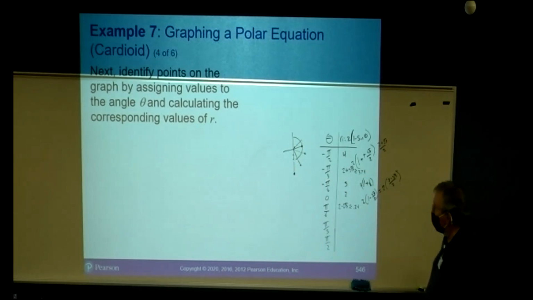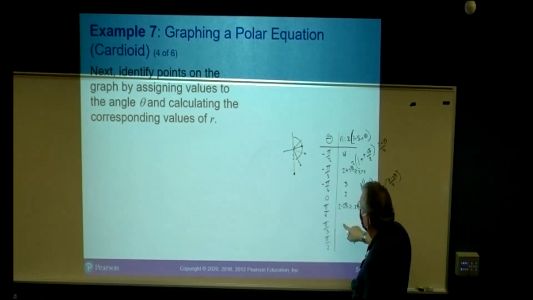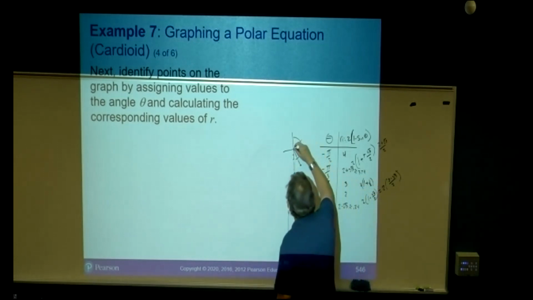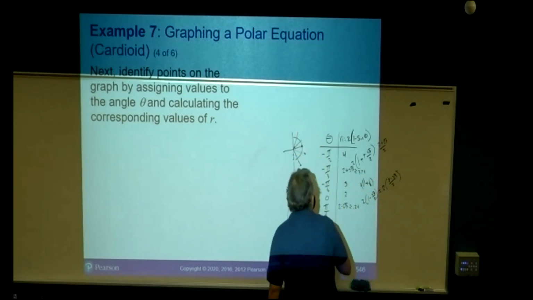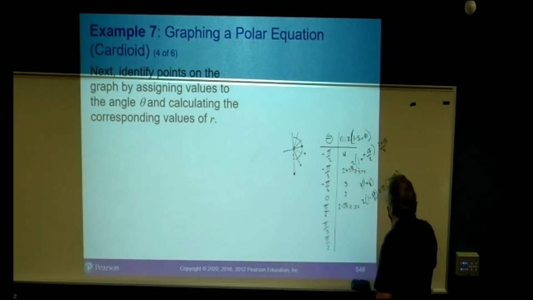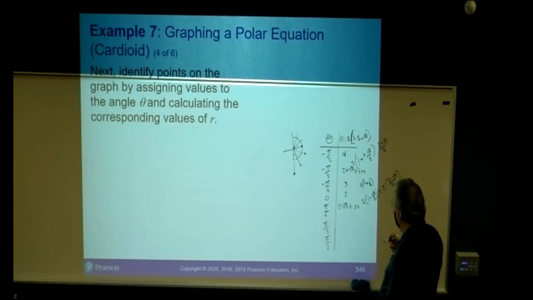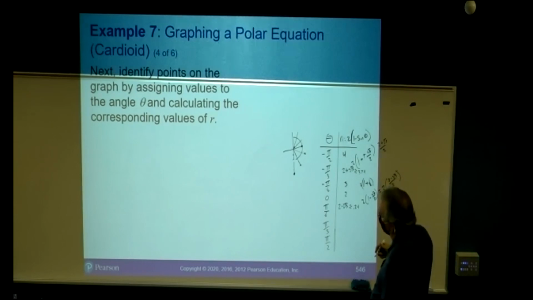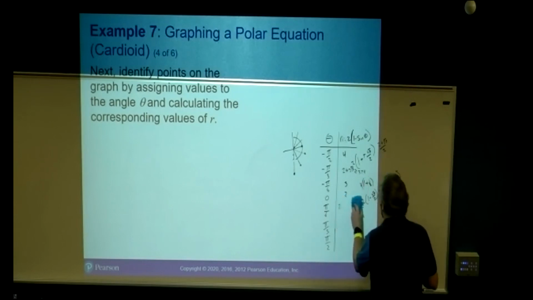And then at pi over 3, that's going to be along this one. The sine along that is a positive square root of 3. Wait a minute. No, I put that wrong. Yeah. Right, got it.